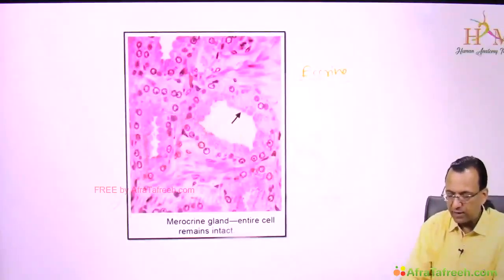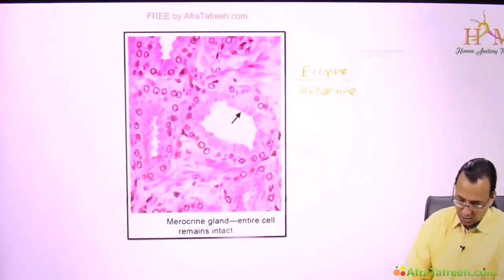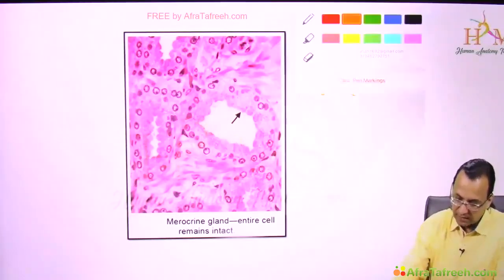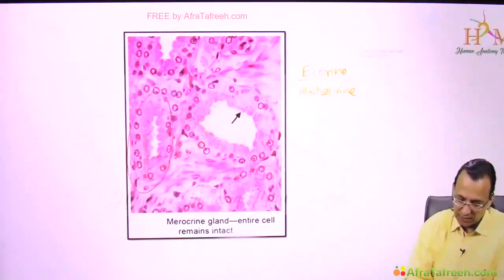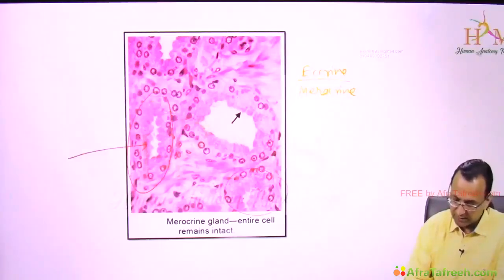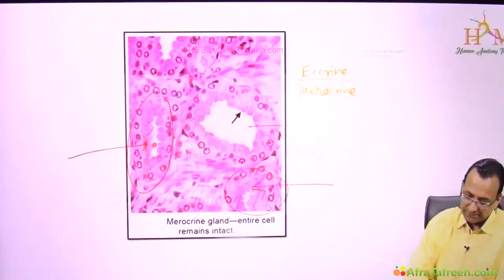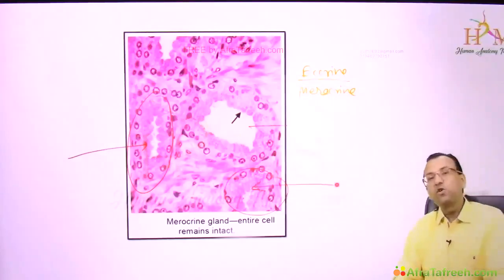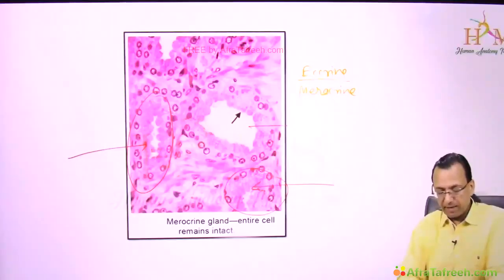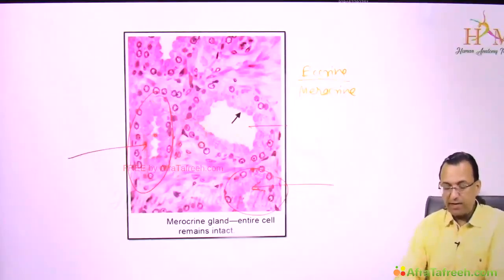Whether you say eccrine or merocrine, this is one gland here, and this is another gland. What I want to tell is that there is no loss of cell membrane, and the secretions are coming up without any loss of cell membrane.